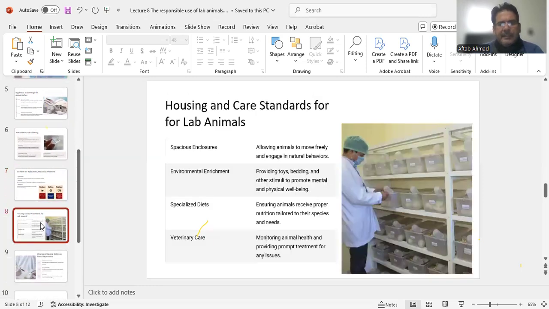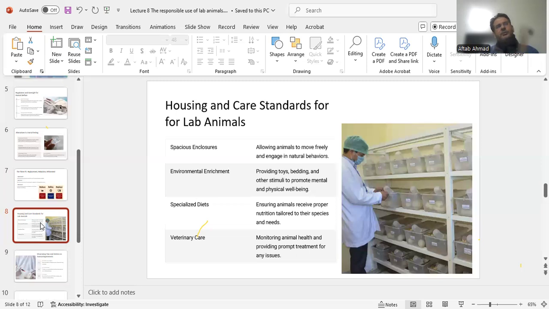So housing and care standard for the lab animal, this is very, very important, especially in all the developed countries, they take care so much. If you're going towards the animal house, there is a proper temperature there, proper humidity is there. If you have to get into the animal house, you dress properly, you have a head cover, you put on your mask, you have a lab coat, you put on the shoe cover.